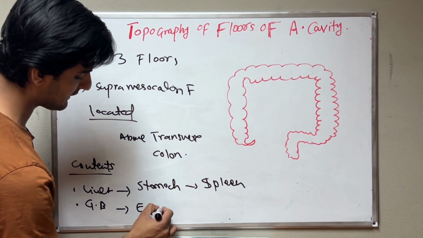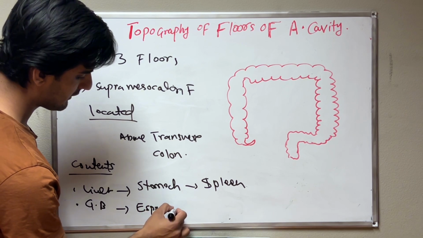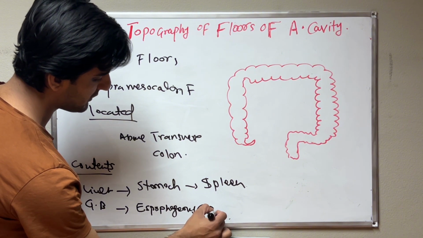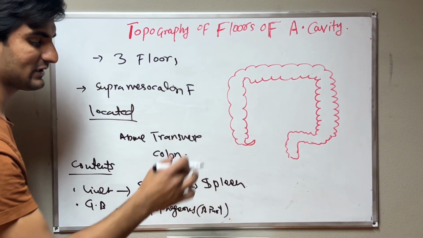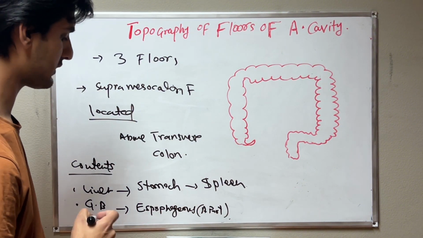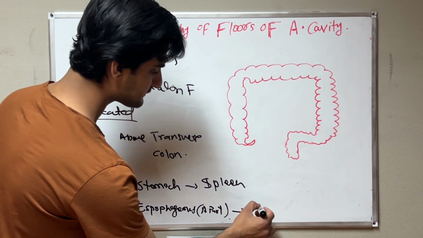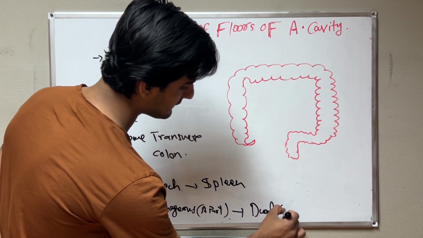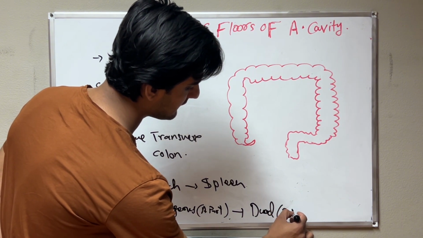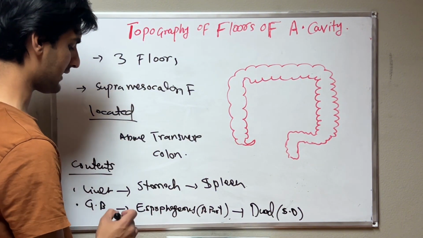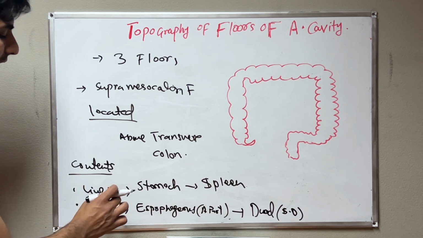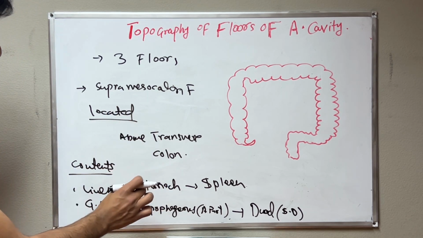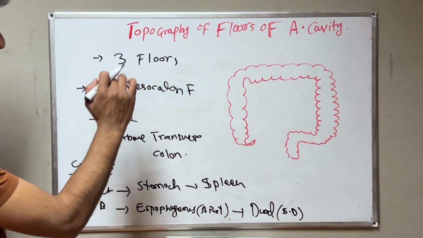What part of the esophagus? Only the abdominal part, because the other parts are located in the thoracic and cervical regions. Then we have the duodenum. What part? The first, meaning superior, and descending parts. These are the contents of the supramesocolic floor, which are located above the transverse colon.